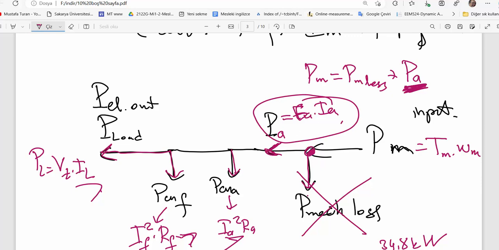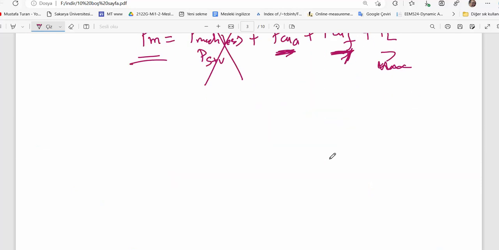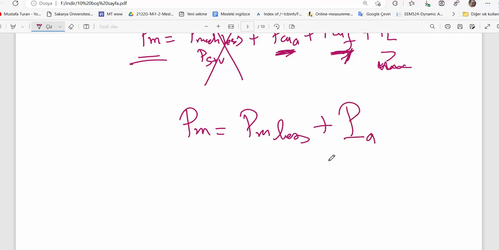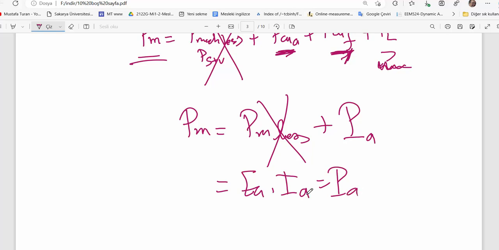Writing only this node equation is easy and enough. Mechanical input power supplies mechanical losses plus converted armature power; mechanical losses are neglected, so it is equal to armature EMF times armature current, that is PA, armature power or converted power.